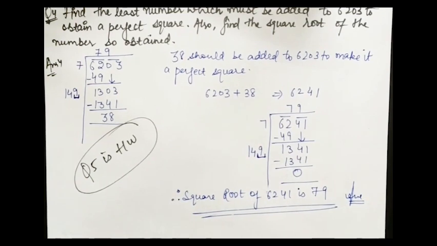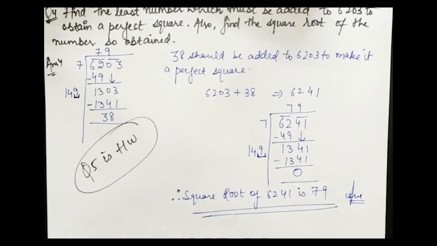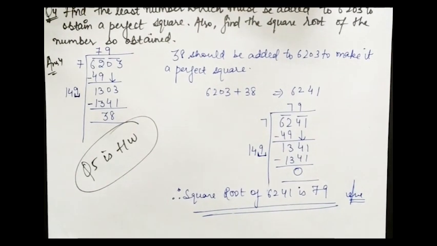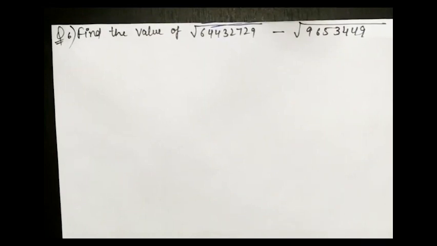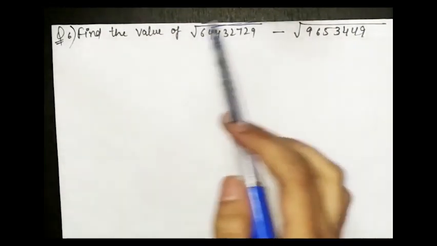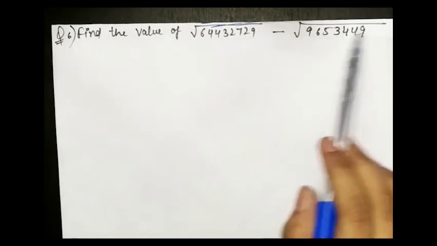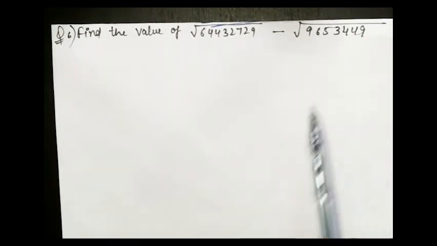So let's move forward to the 6th question, that is the last question of the exercise. The 6th question is saying that we have to find the value of root 6443279 subtracting root 9653449. How to do that?